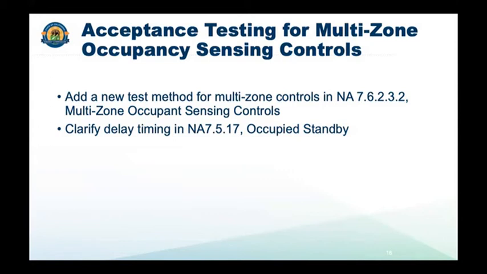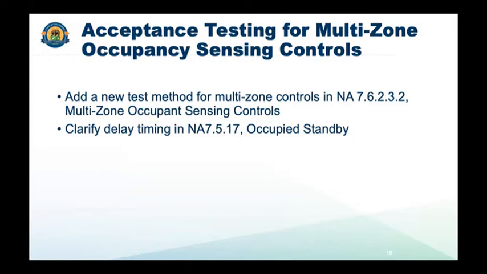And here the slide shows the two acceptance tests for multi-zone occupant sensing controls. One is for the lighting systems, another one is for space conditioning systems. So NA 7.6.2.3.2 is for lighting. NA 7.5.17 is for space conditioning system.